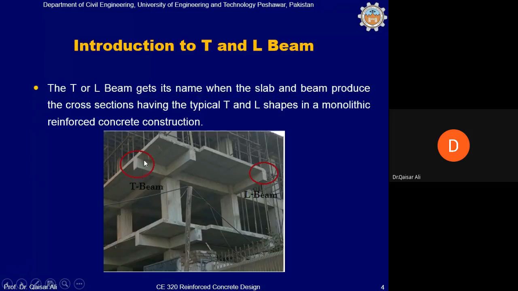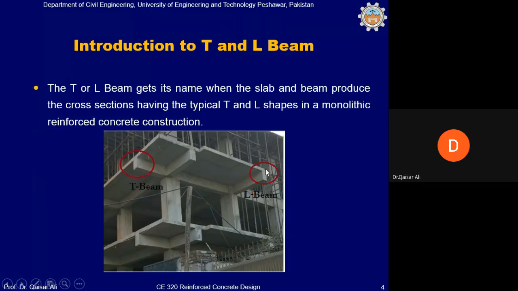On each side of the beam, you will have a slab portion, so it will look like an English letter T. And when the beam bends down, a part of the slab or flange will also be subjected to compression forces. So that part of the slab shall also be taken into account in the design of beam. This we will see later.